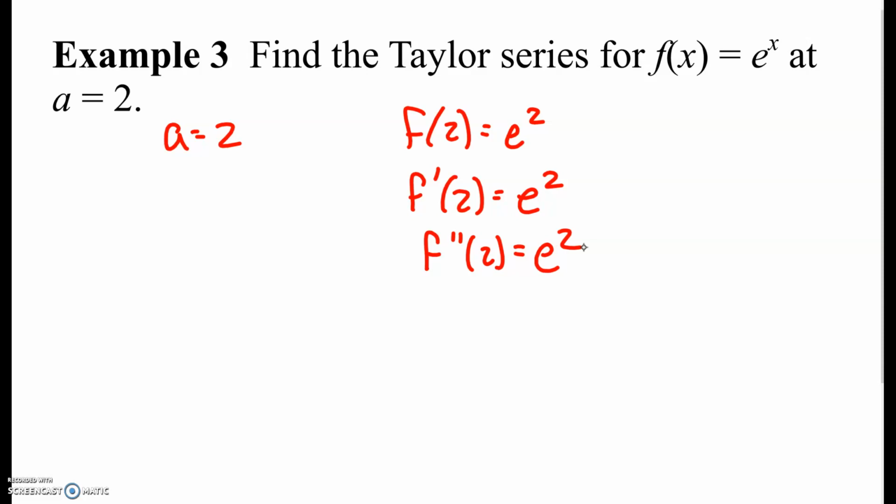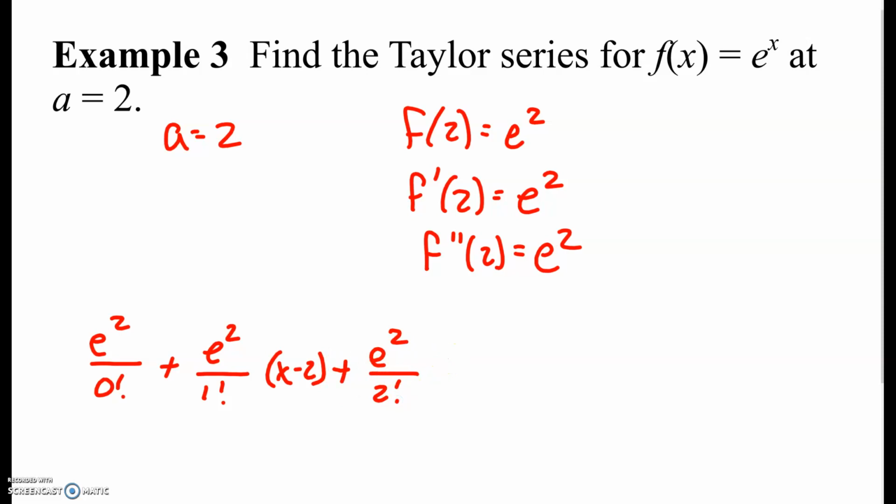And our series would be e to the second over 0 factorial plus e to the second over 1 factorial times x minus 2 plus e to the second over 2 factorial times x minus 2 squared, and so on.